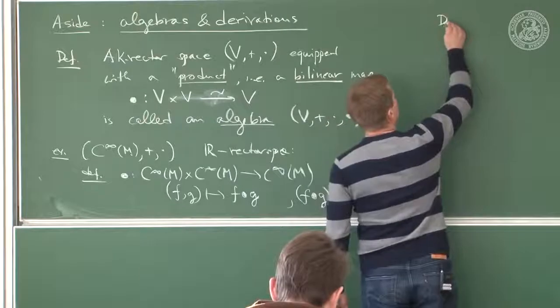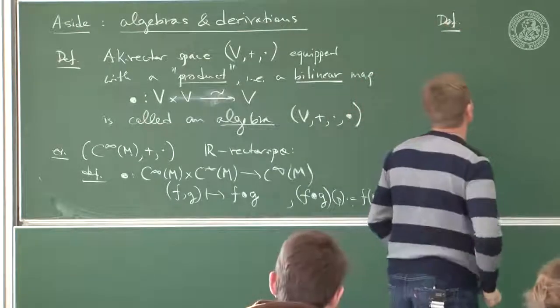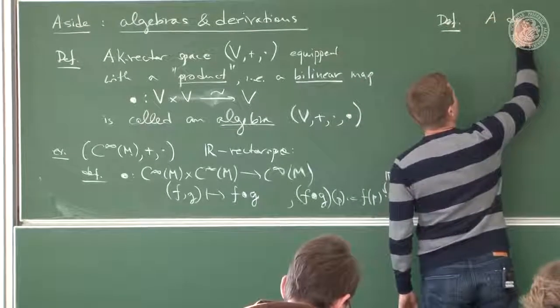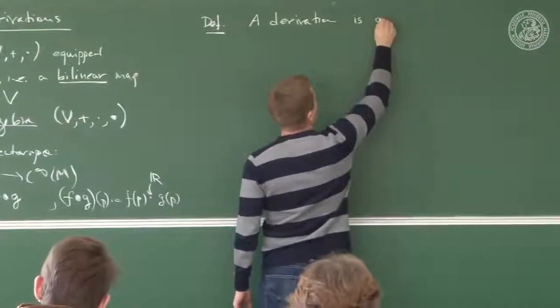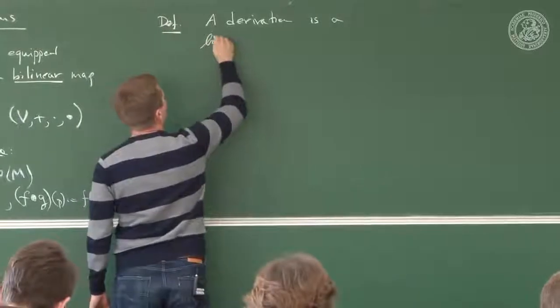Now the next definition is that of a derivation. A derivation is a linear map.